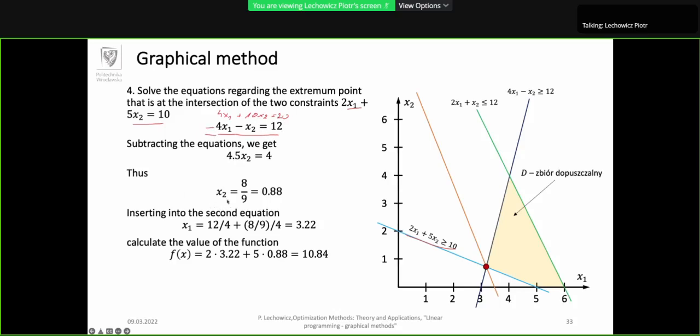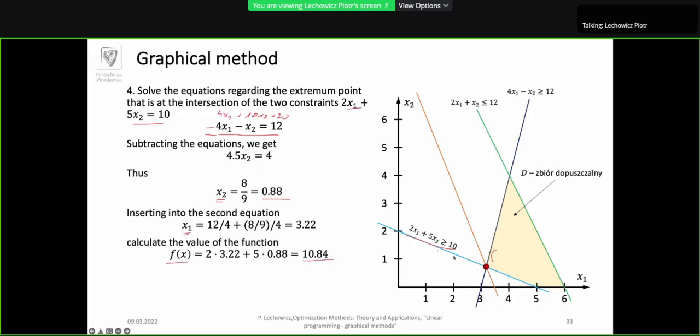Thus, we can calculate what x2 is. It's equal to 0.88. And inserting this into the second equation, so into this one, we can calculate the value of x1. And after that, we can insert them into the objective function to check its value.